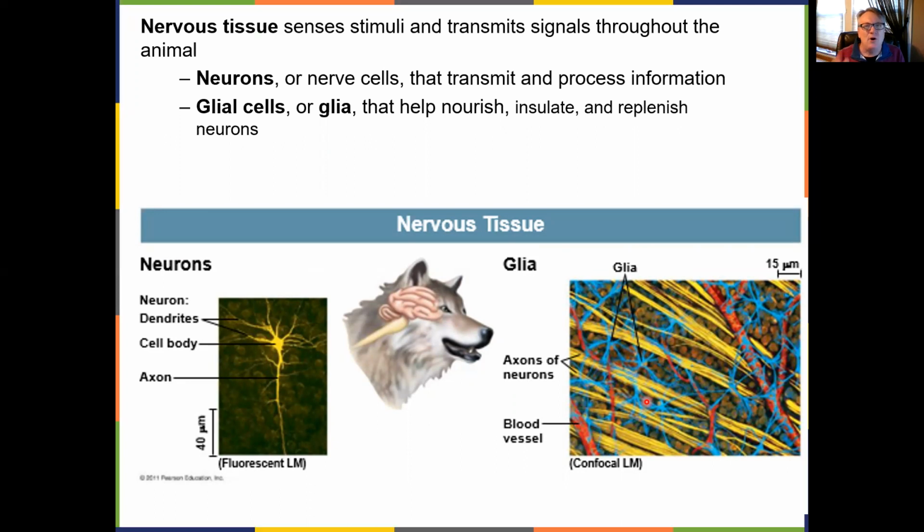But they are part of the tissues that make up the entire nervous system. So we have epithelial tissue, connective tissue, muscle tissue, and nervous tissue. So that's a summary of all the different types of tissues we have.